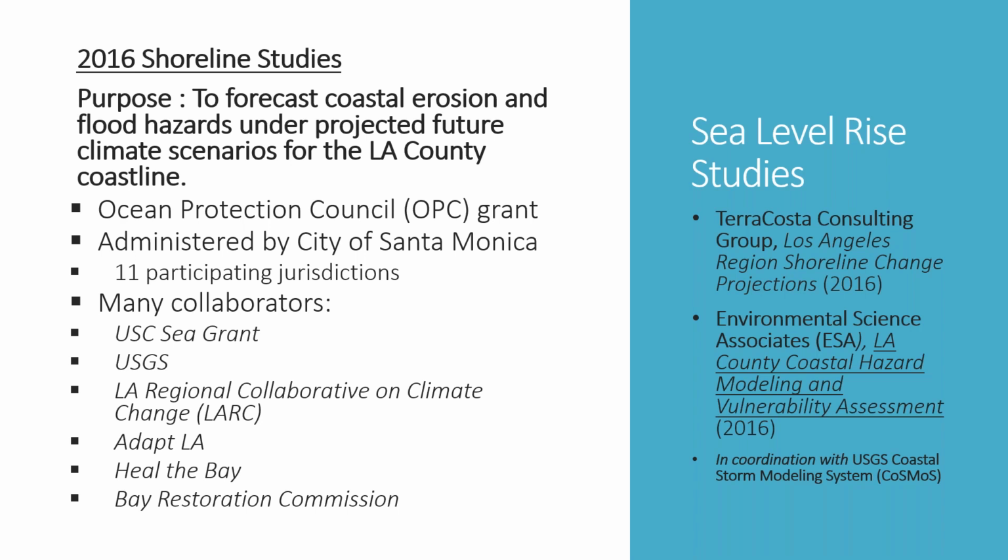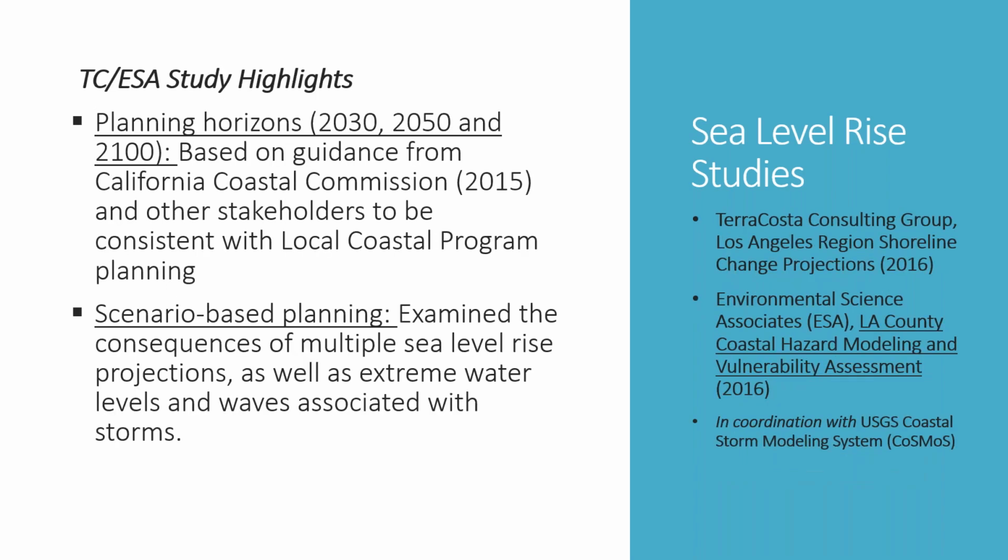Initially, there was some concern about how different results might confuse the process and the guidance for local jurisdictions. While the inputs of these two studies were slightly different, leading to some small differences in results, fortunately, the scientists on both teams worked together, and in the end, the studies were able to back each other up, confirming the results, and with that, the anticipated level of shoreline change that would be a reasonable input for our coastal planning.